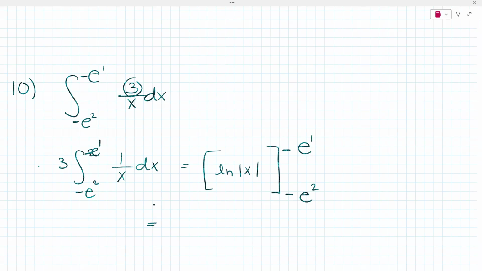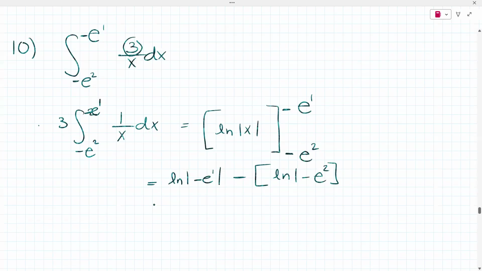So this is the upper, minus bracket ln of absolute value of negative e squared. Okay, so what do I know?